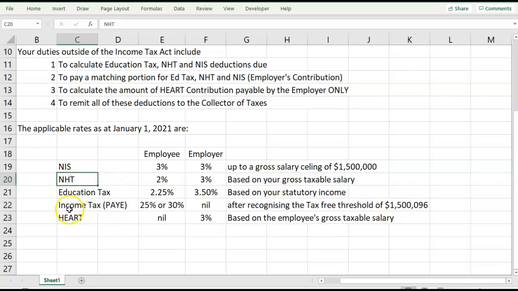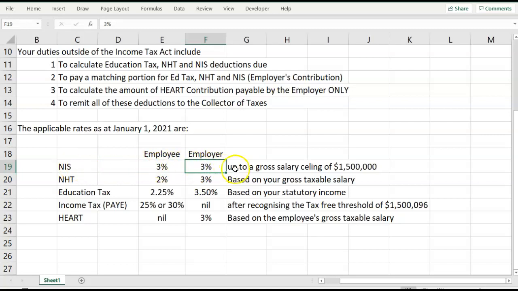NHT and HART are based on the same gross taxable salary. But NIS also based the calculation, the 3% applies to the gross salary, the gross taxable salary.